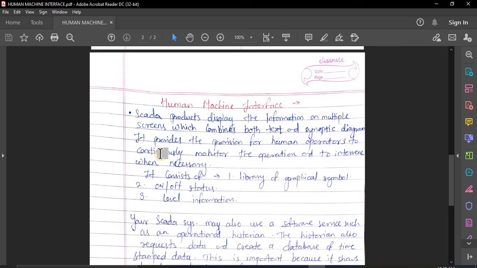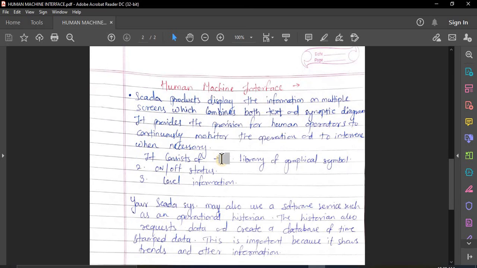Also, it permits human operators to continuously monitor the operation and to intervene when necessary. You can intervene in the process or the operation whenever it is necessary by using the controls.